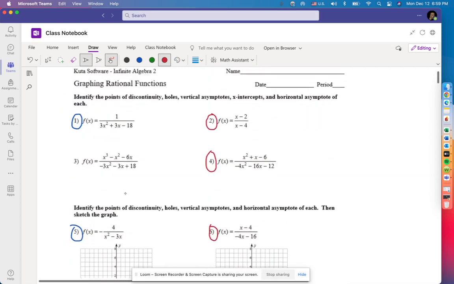We have type 3 functions, which I wanted to call 3 and 3b because they're so related. Basically for type 3, the exponent is larger in the numerator, and type 3 functions do not have a horizontal asymptote.